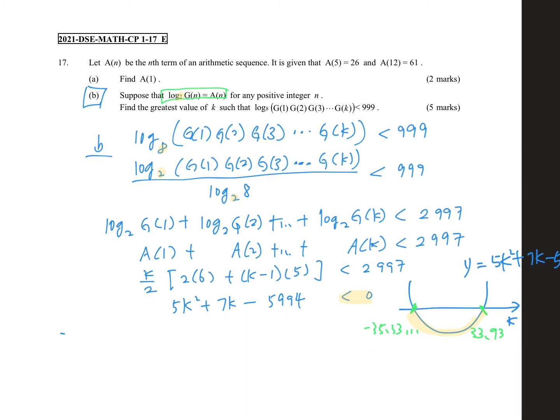That would be negative 7 minus the square root of b squared minus 4ac, and then less than k, less than, don't forget, over 2a.